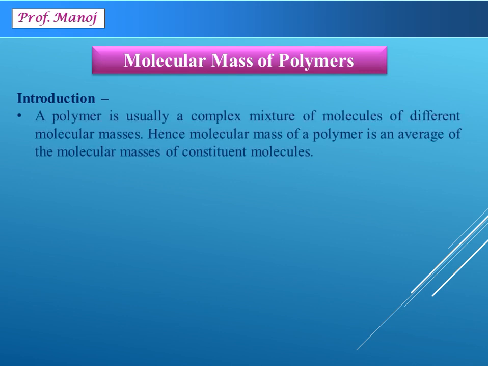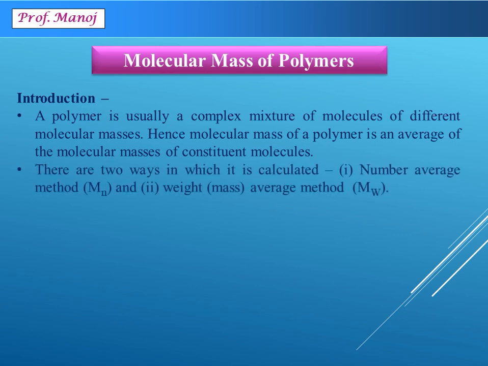Polymer usually, as you know, is a very complex mixture of molecules of different molecular masses. Hence, finding actual molecular mass is practically not possible. What we find is an average of the constituent molecules. There are two ways in which we can represent this. First is the number average method, Mn, and second is the mass or weight average method.